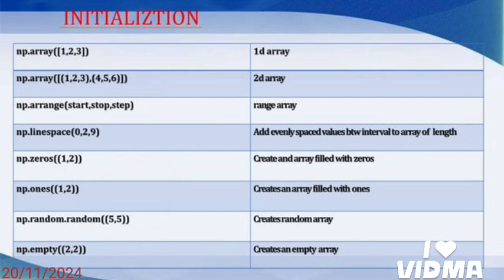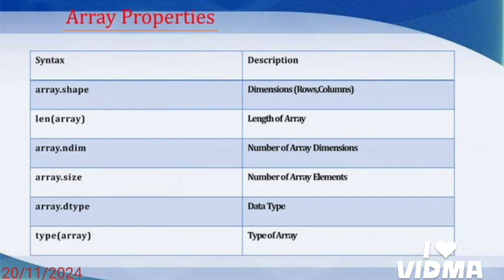We are familiar with the step value, which is used to skip. np.linspace(0, 2, 9) adds evenly spaced values between intervals to an array of a given length. np.zeros(1, 2) creates an array filled with zeros. np.ones creates an array filled with ones. np.random.random(5, 5) creates a random array. np.empty creates an empty array.